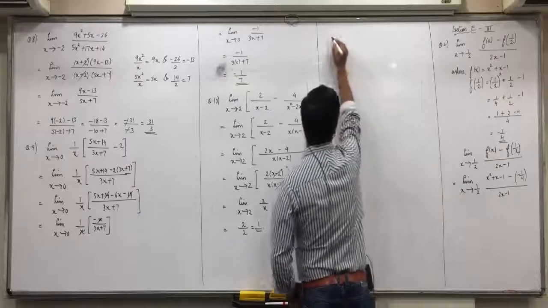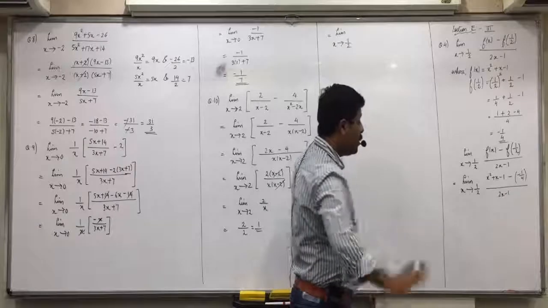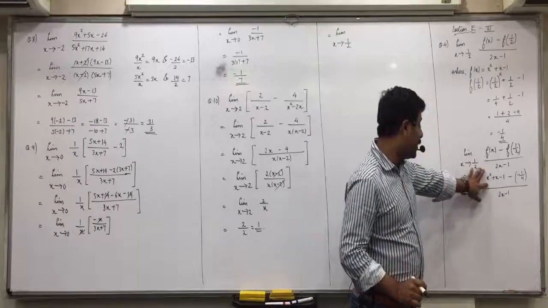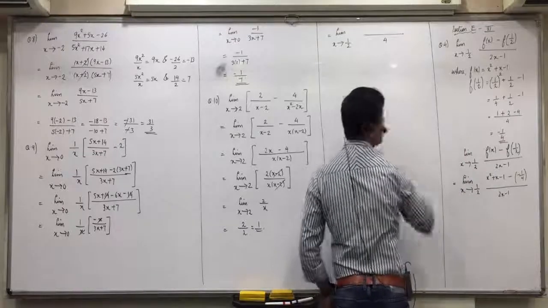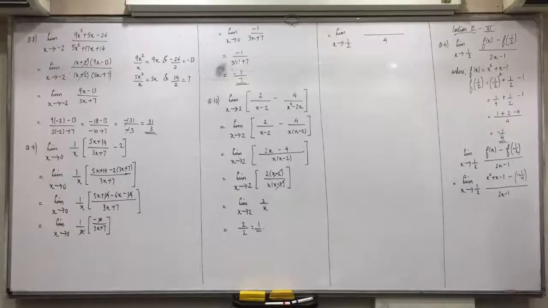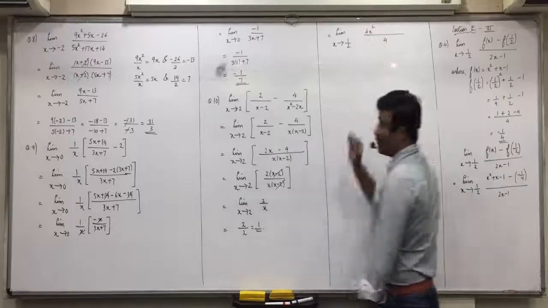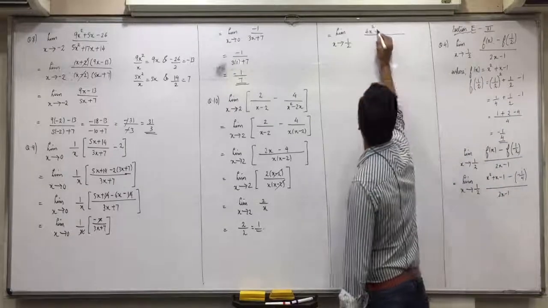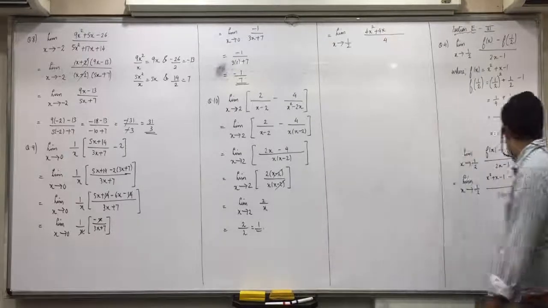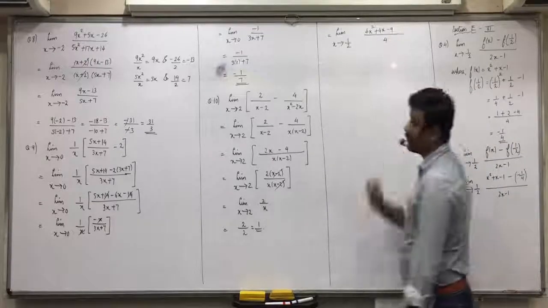Now that is equal to limit x tends to 1 by 2. Now listen carefully. In the numerator, can I say the LCM is 4? Understood this? 4 into x square, 4x square. 4 into x, 4x. 4 into minus 1, minus 4.